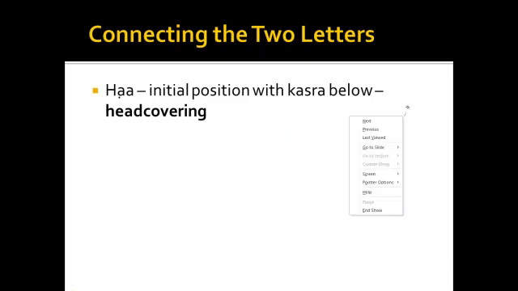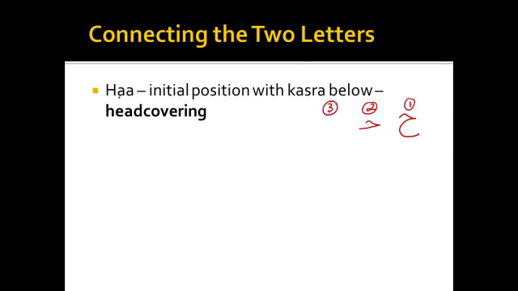We have the ha in the independent position, the ha in the initial position, the ha in the medial position, and then the ha in the final position. Now, if we're going to write the ha with a kasra, we just put the kasra beneath the letter, you see, like this.